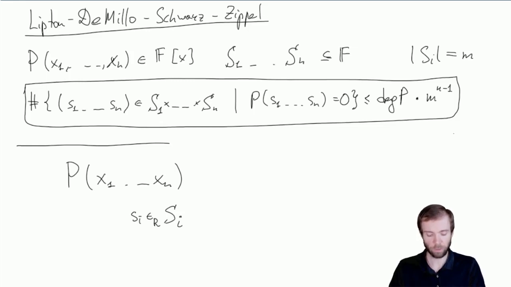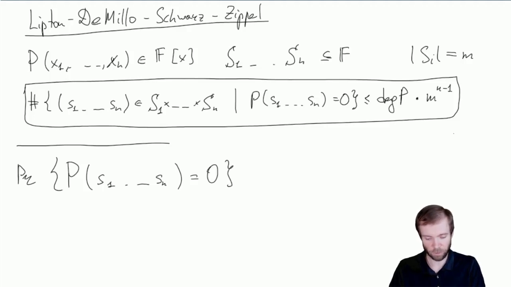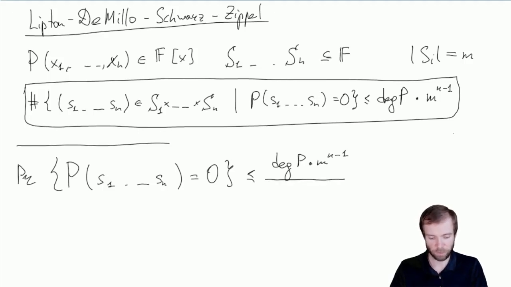So then, what would be the probability that this tuple of values makes our polynomial vanish? So when we plug s1 through sn into our polynomial, the probability that p will vanish on this tuple of values can be bounded by the number of the tuples on which our polynomial vanishes, so that's this one according to our standard formulation of the Lipton, DeMillo, Schwartz, Zippel lemma, divided by the number of all the tuples.